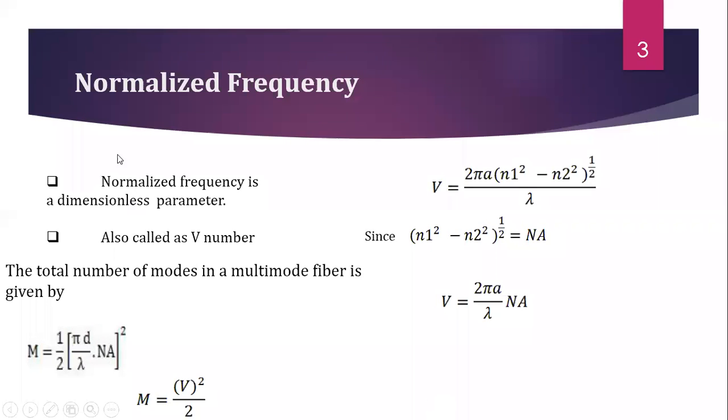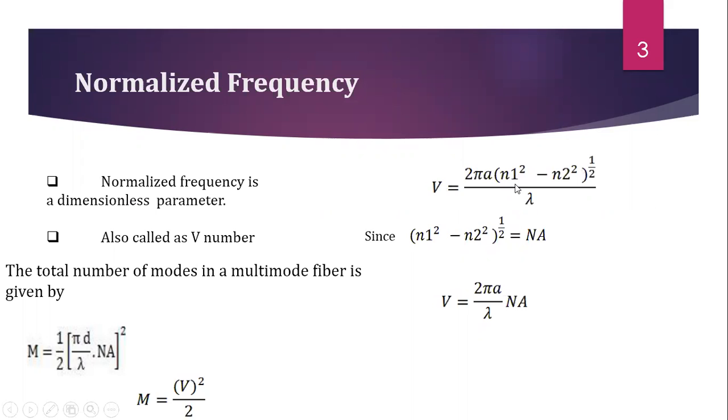So the normalized frequency V is equal to 2 pi A into (N1 square minus N2 square) whole power 1 by 2, divided by lambda. Here A represents the core radius and lambda represents the free space wavelength.